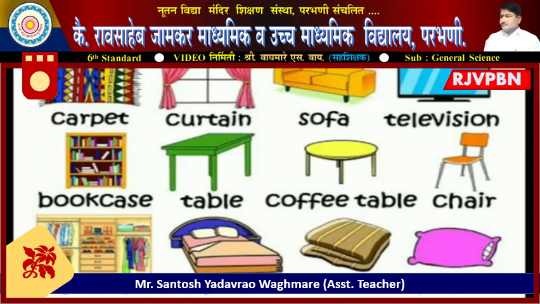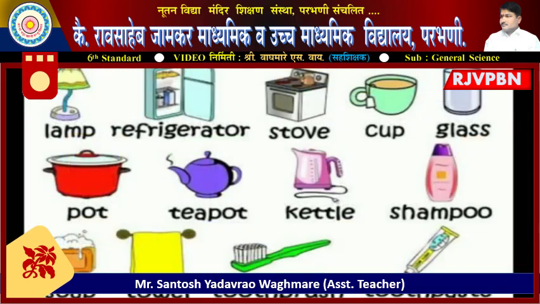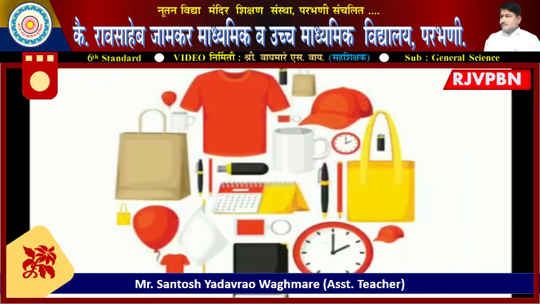Therefore, these substances came to be used on a large scale. There are a great many such man-made substances in use today. New substances produced by processing naturally available substances are called man-made substances.